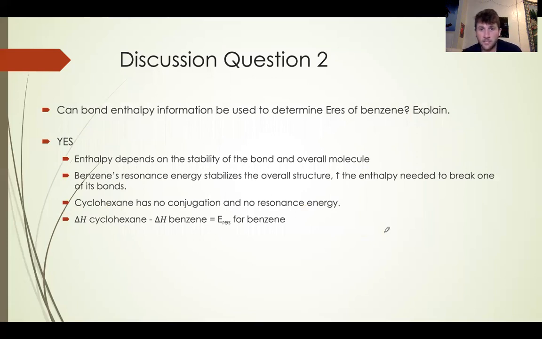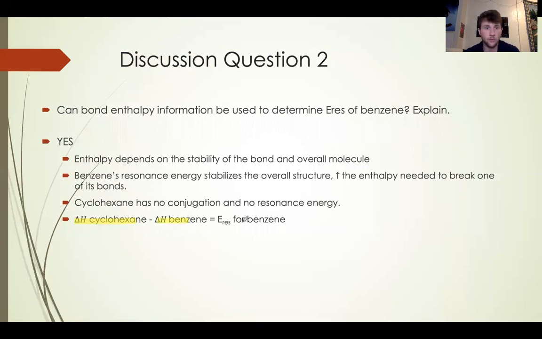Can bond enthalpy information be used to determine the resonance energy? Yes. Now, the enthalpy depends on the stability of the bond in the overall molecule. Whenever you have benzene's resonance energy, it's actually going to stabilize the overall structure and increase the enthalpy that's required to break one of its bonds. So, again, whenever you're comparing it to something like cyclohexane, you can just take the enthalpy for cyclohexane, subtract it from the benzene.